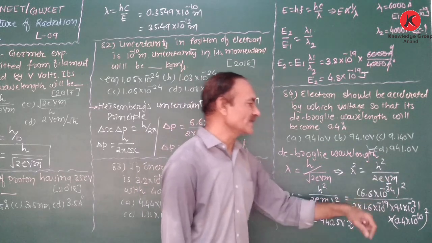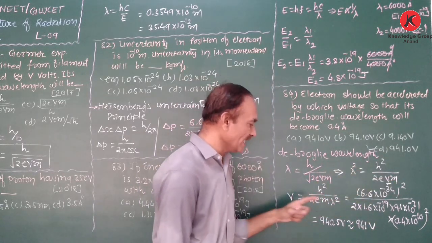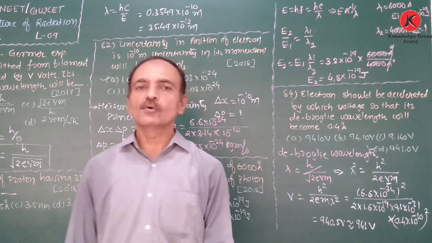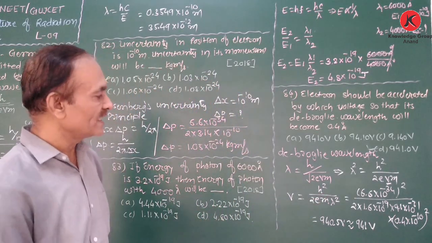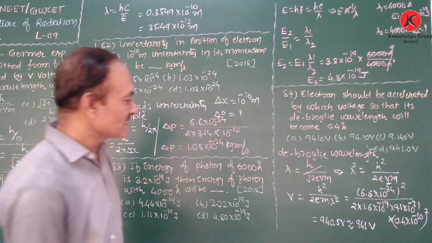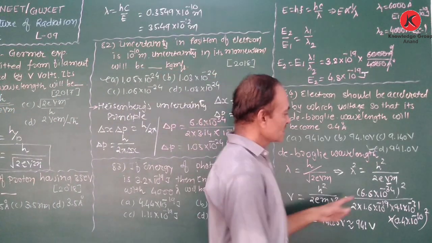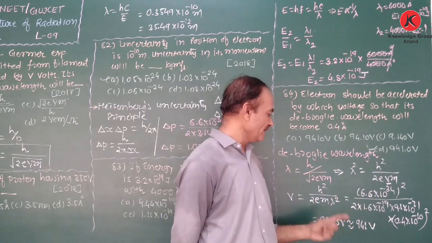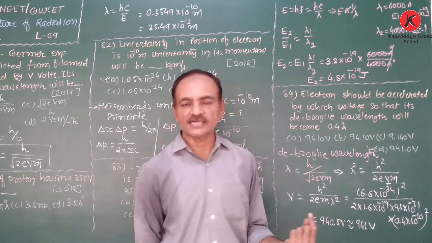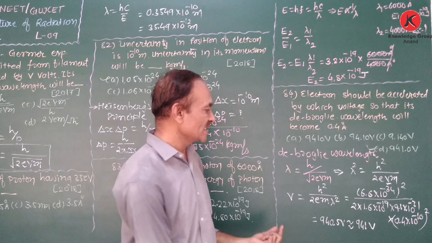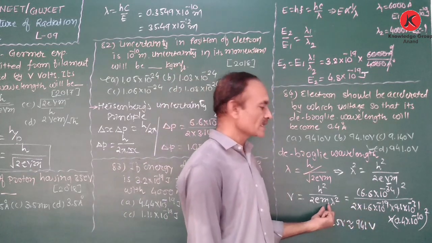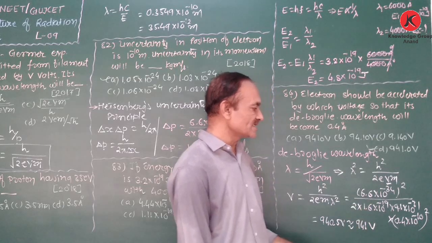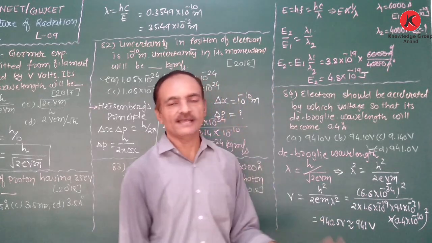We require the voltage, so take the voltage on the left hand side. Therefore, V is equal to h square upon 2em upon lambda square. Now we substitute the values: 6.6 into 10 to the power minus 34 whole square, divided by 2 into e, the charge of an electron 1.6 into 10 to the power minus 19, m, the mass of an electron 9.1 into 10 to the power minus 31, into lambda.